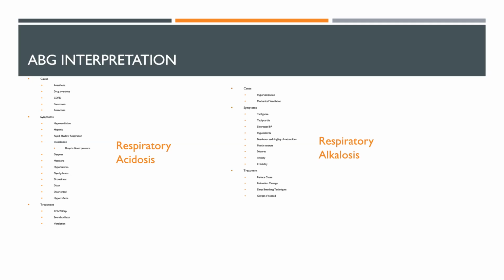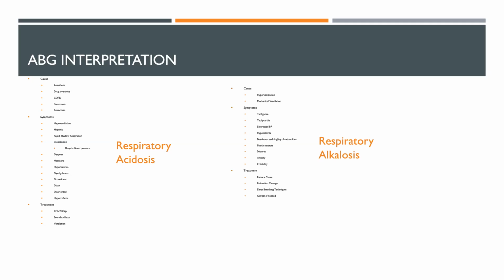Respiratory alkalosis, its main cause is hyperventilation, which we see a lot during panic attacks, as well as mechanical ventilation, if used at inappropriate levels, can lead to respiratory alkalosis as well. Symptoms of respiratory alkalosis include tachypnea, tachycardia, decreased blood pressure, hypokalemia, numbness and tingling of the extremities, muscle cramps, seizures, anxiety, and irritability.